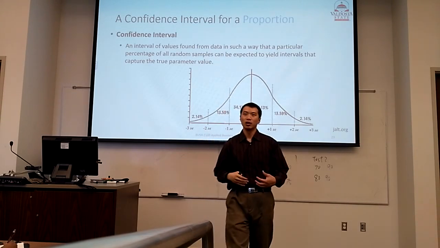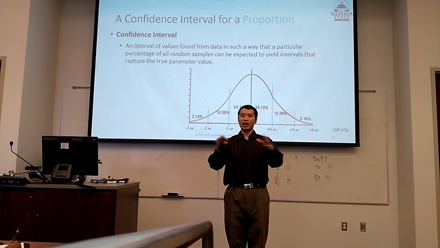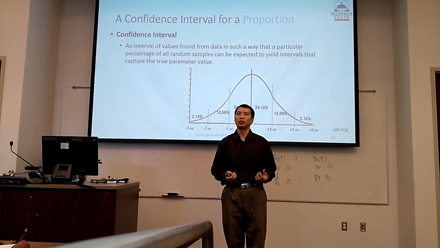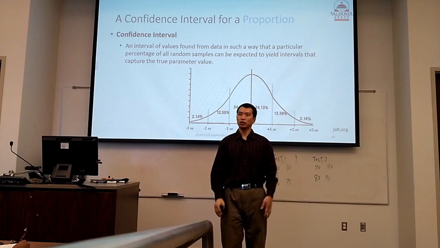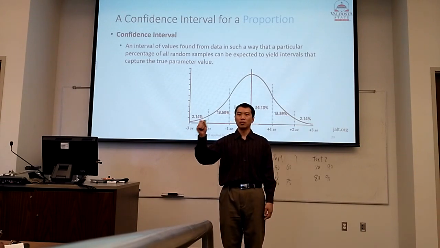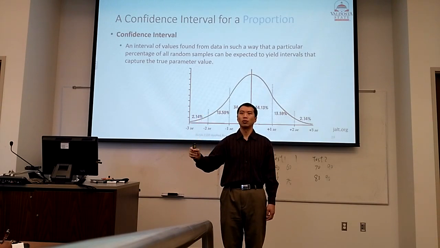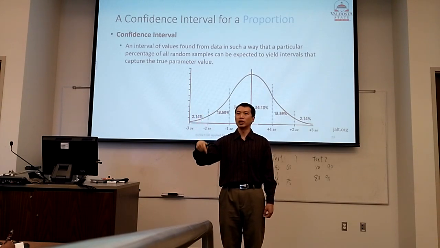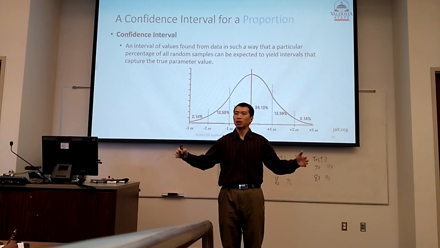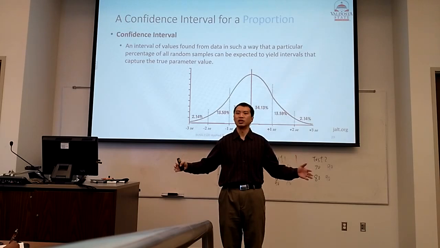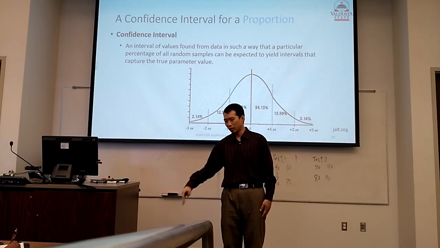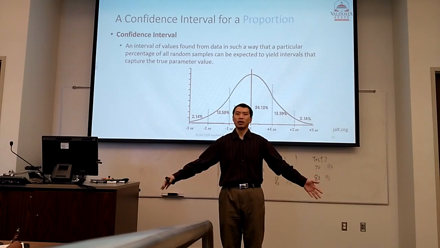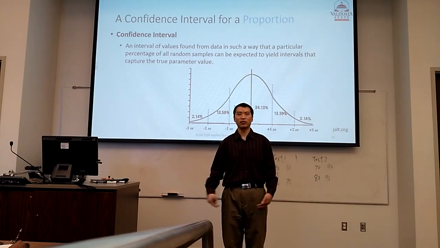So we are looking at the whole thing from the perspective of the true population parameter. If I'm the true population parameter, 68% of the samples will fall within one standard deviation away from me. Probably here or there, but it's one standard deviation from me. That's from my perspective.